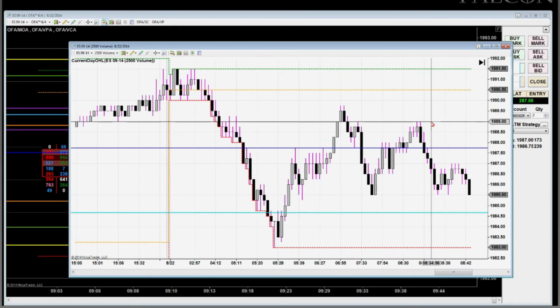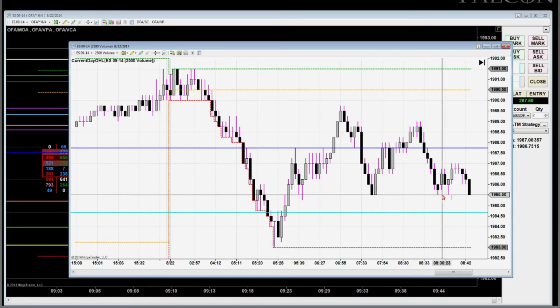And the opening swing high was here at 89, right there. And the opening swing low was at 85.50.